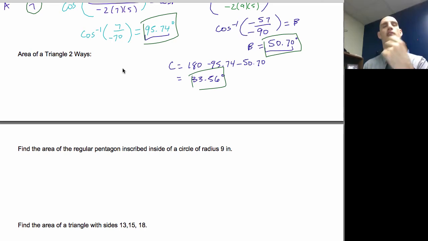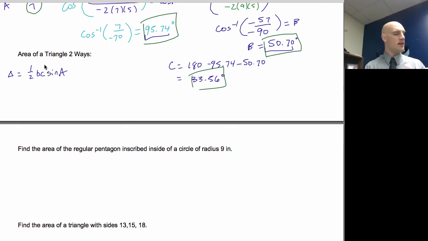There's an area of a triangle in 2 ways. The first one, triangle area is equal to this. This is actually a pretty cool little deal. 1/2 BC cosine of A, no, sine of A. Got law of cosines in the brain.